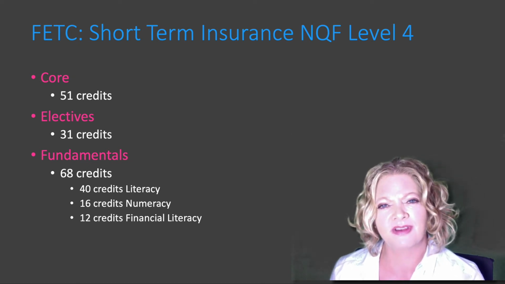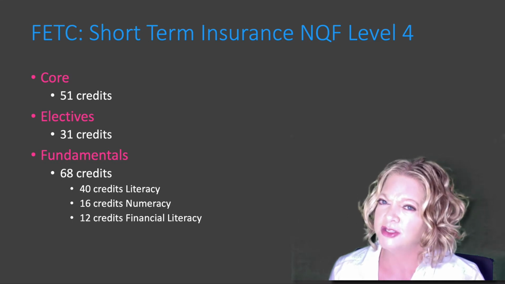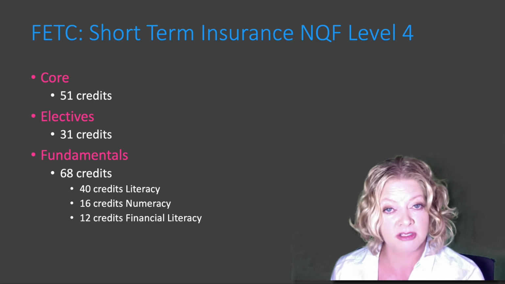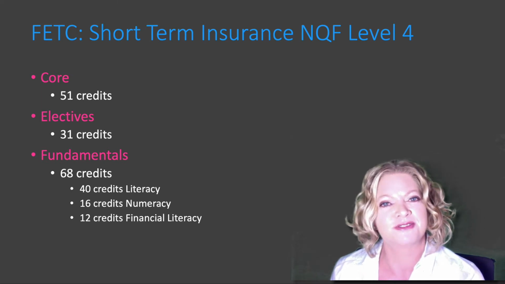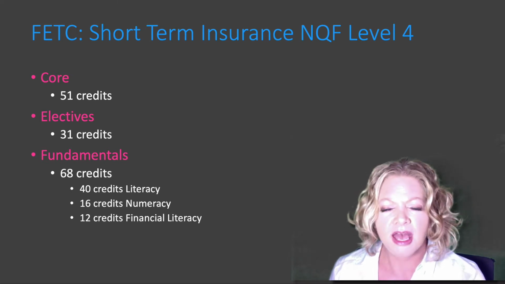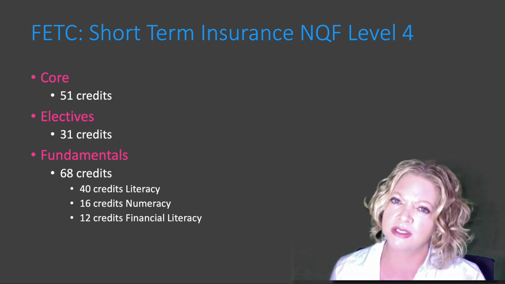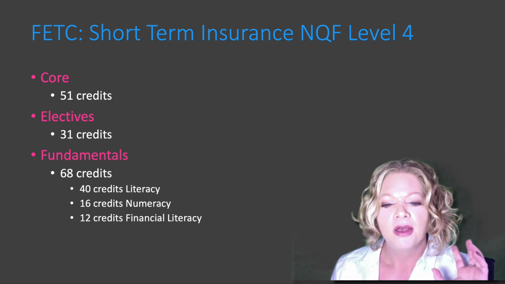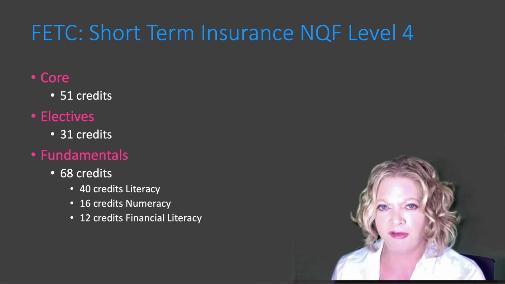It would be a client's financial risk in their own life that you are taking care of, because one of the things you can do with financial risk is you can transfer it. And one of the things you can transfer it to is insurance. So you have to understand this, even though you don't technically work with it every single day. Okay, but I'm getting ahead of myself. So core, you have to do all 51 credits.